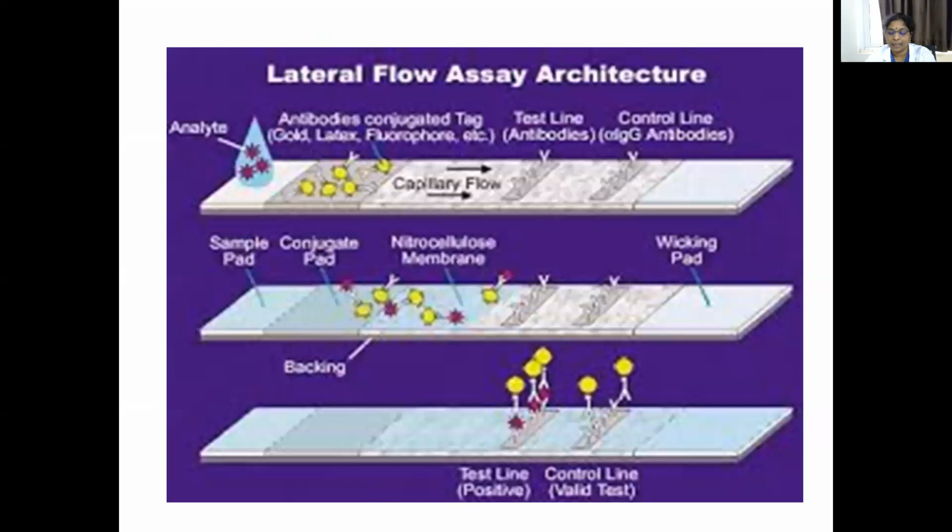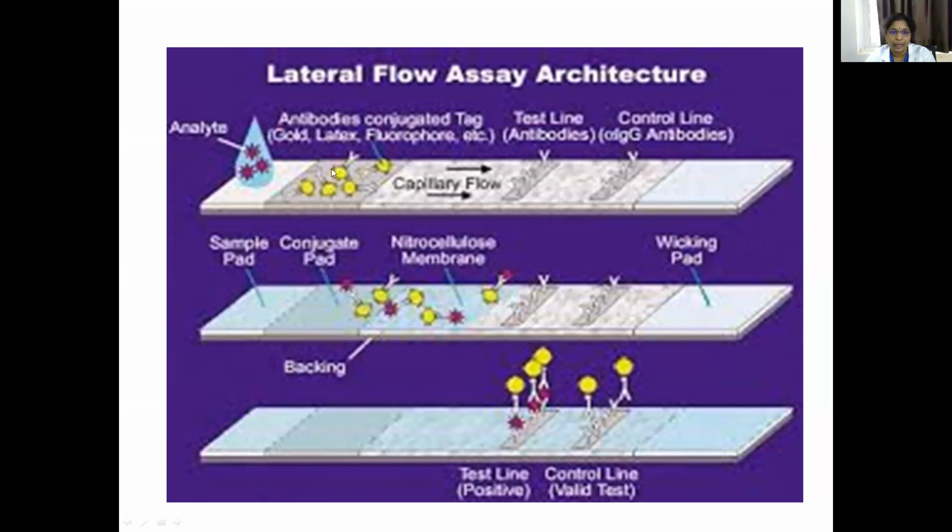The only difference is that here enzyme is not present. The antibody is conjugated to colloid gold. In this picture, the analyte means the antigen present in the patient serum. Here you can see the antibody conjugated to a yellow thing, which is the gold. The labels can be gold colloid or a fluorophore, which you can tag to the antibody.